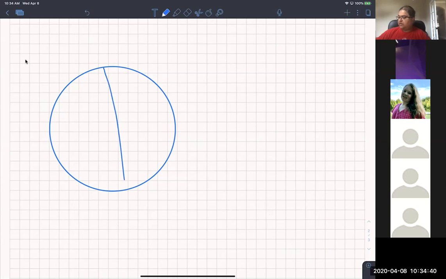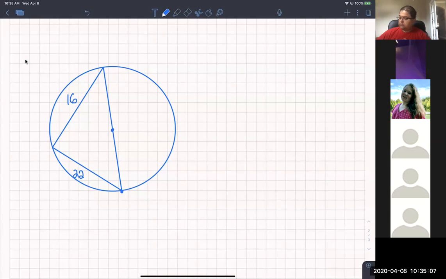All I have to do is give you a diagram like this and say, what's the radius of circle P?